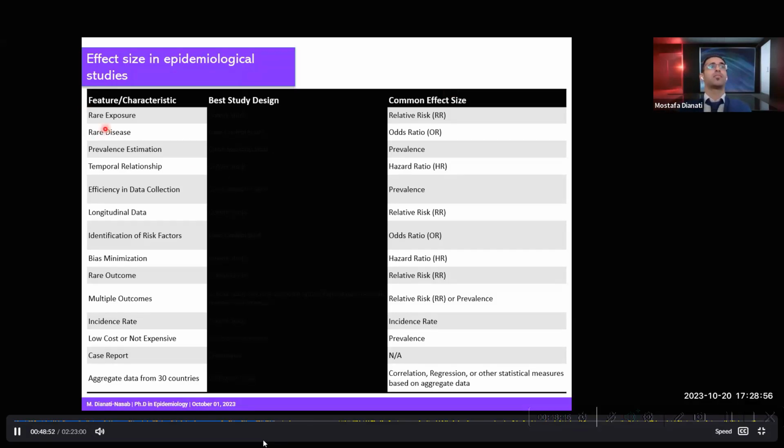And how about for rare disease? For prevalence estimation? For temporal relationship? Which one is more efficient in data collection? Which one uses longitudinal data? Which one will you use for identification of risk factors? Which one has less bias?